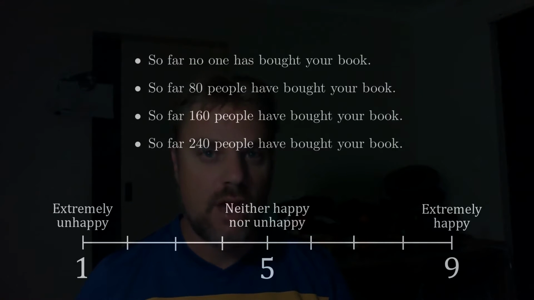On a scale of 1 to 9, where 1 is extremely unhappy and 9 is extremely happy, how happy would each of these scenarios make you? In particular, how happy would you be in the scenario in which you have sold 80 books?